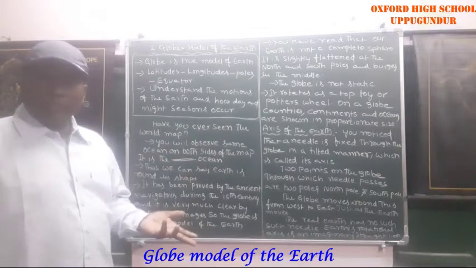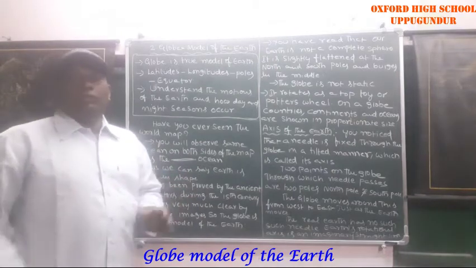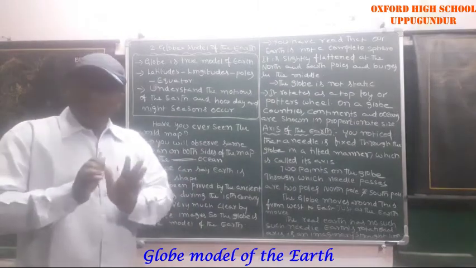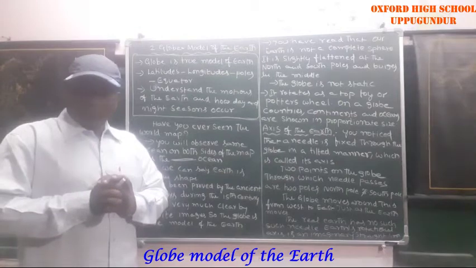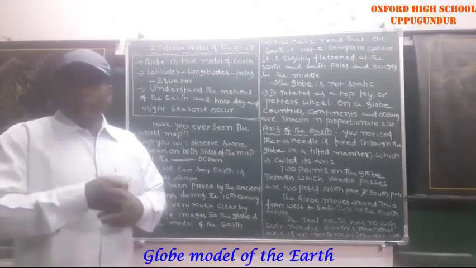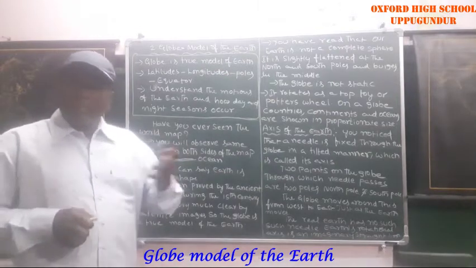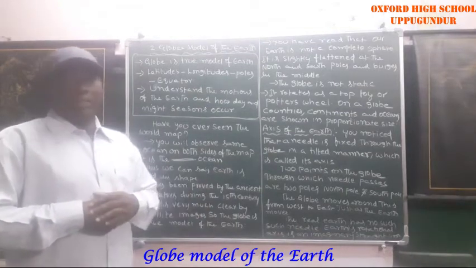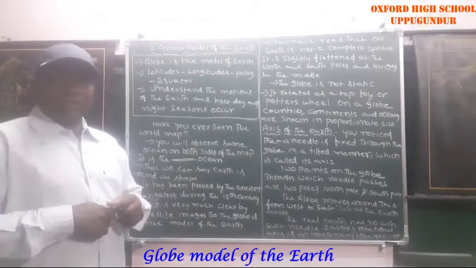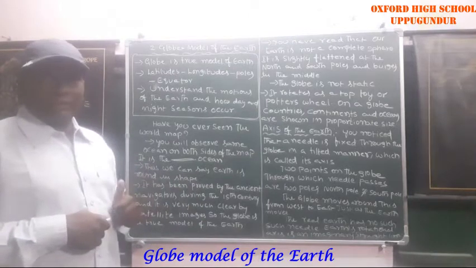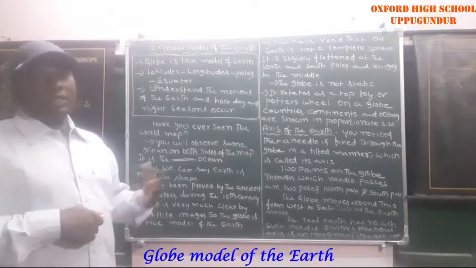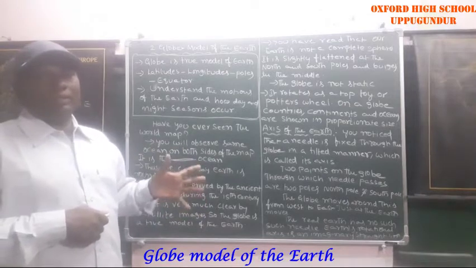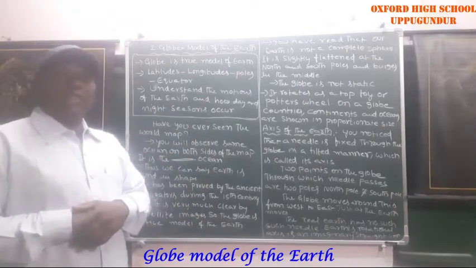You will also learn why seasons are forming and why days and nights are occurring. In the previous classes you already learned about this. Clearly you will understand why the globe is the true model of the earth.